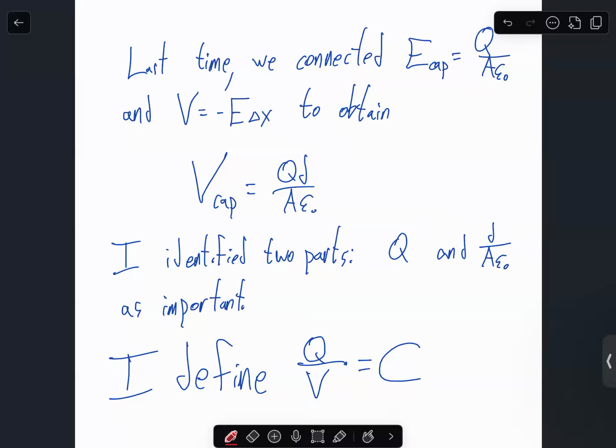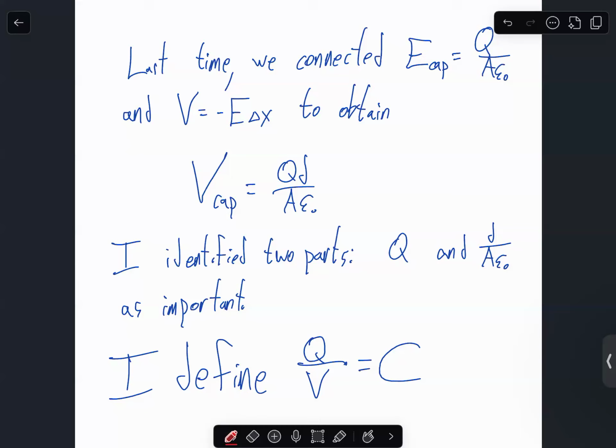So voltage across the capacitor is QD over A epsilon. And there are two very importantly different parts of this equation. Reflect on this. What does Q reflect? What kind of thing is it? Is it a distance? It's a charge. It's the charge on the capacitor. That's electricity. What about D and A?